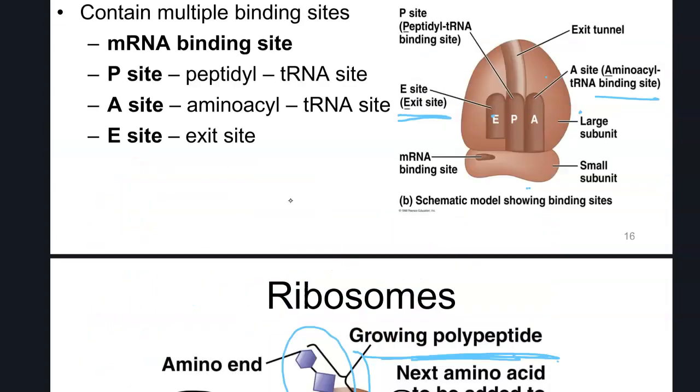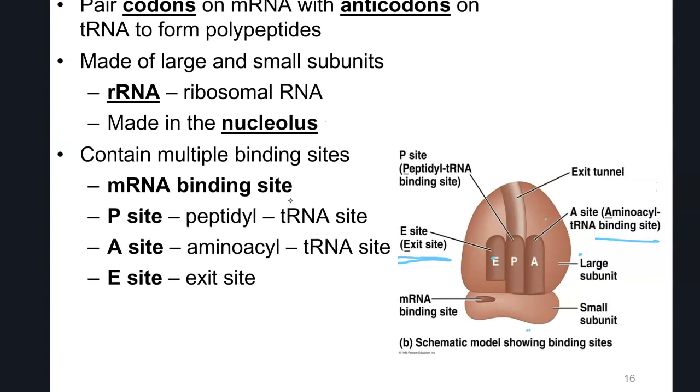Okay? So what is the name of each of those sites? The P site is peptidyl, right? Peptide. A site is aminoacyl. This is the tRNA site also. And the exit site is where the tRNA is completely empty at that point. It's just the tRNA with the triplet codon. There's no amino acid on that one.